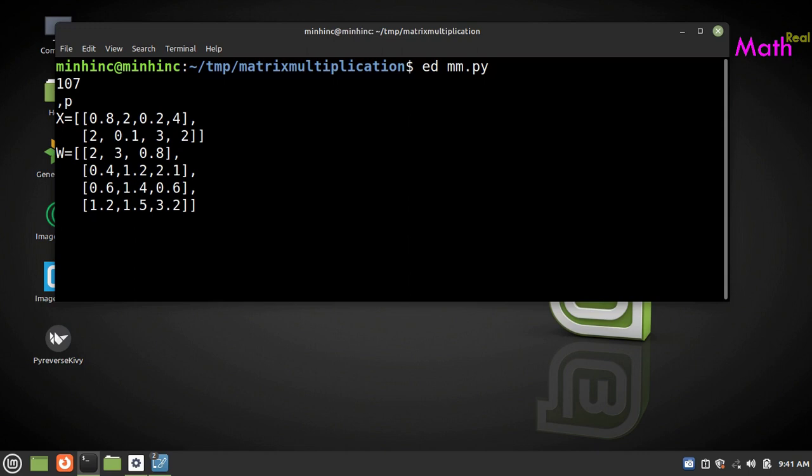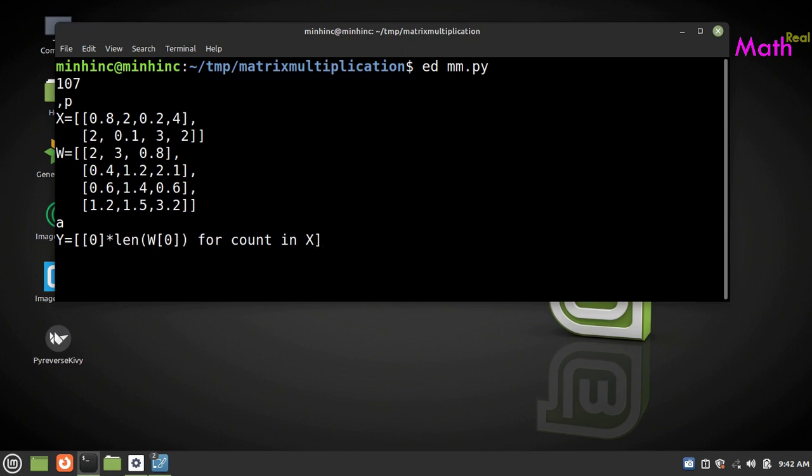So this is the program. We have right now two matrices. Now we'll have output matrix y equal to 0 into len of w0 for count in x. That's it.